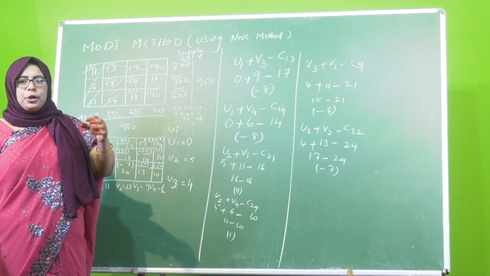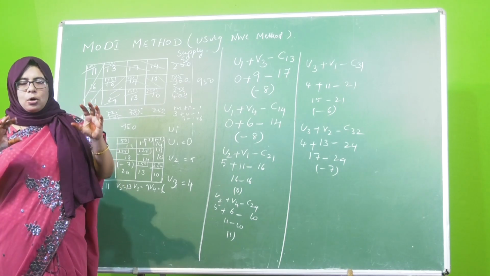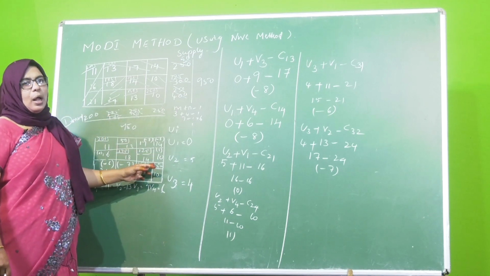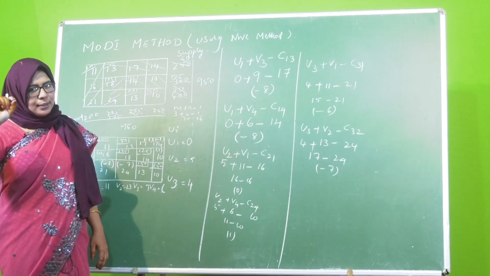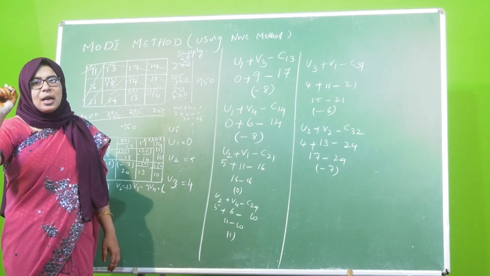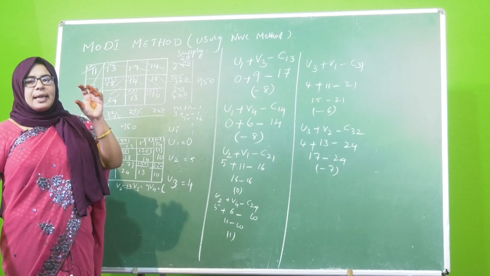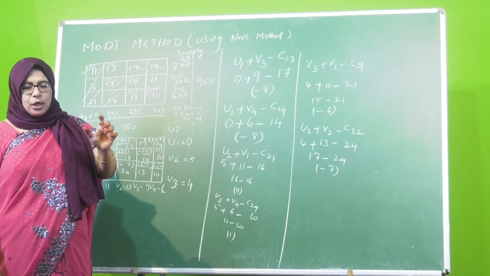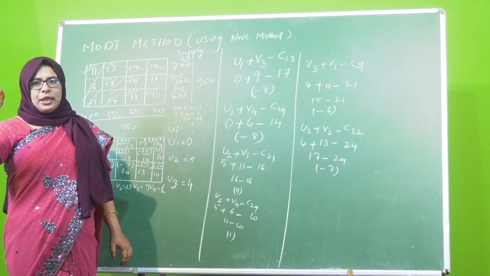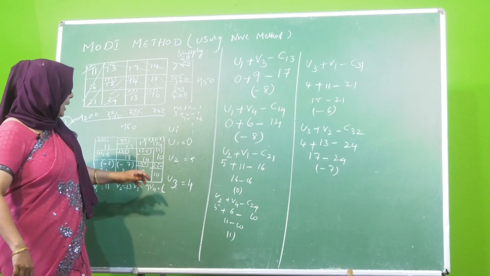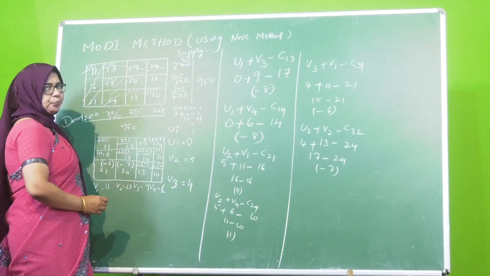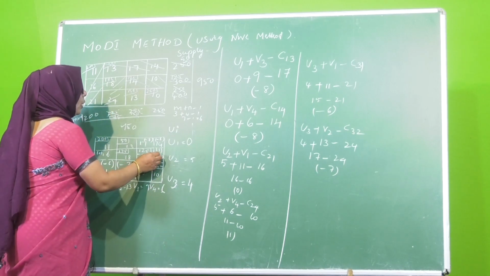The loop means your starting point is also the ending point. The starting point is a dummy value, and the loop crosses each vertex, with each vertex ending on an original allocation. You have to form the loop with the vertices and edges only on original allocations. So the starting point is here.